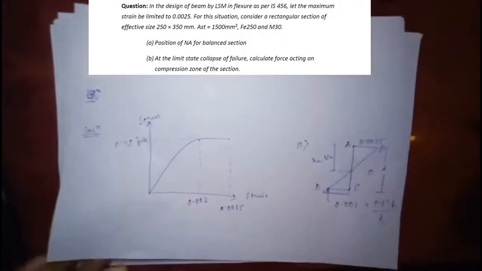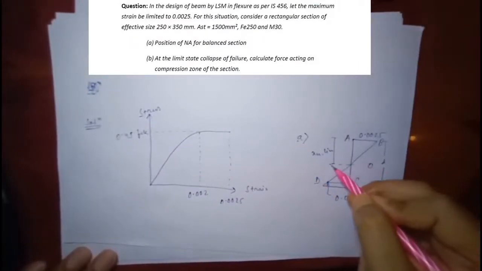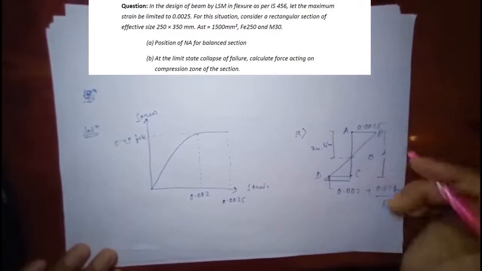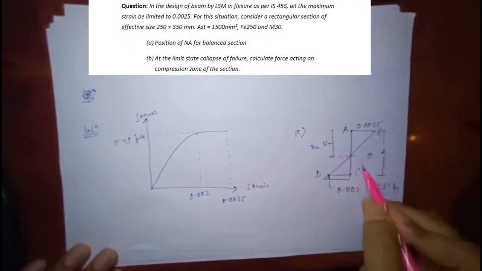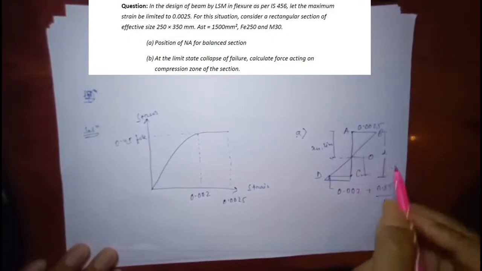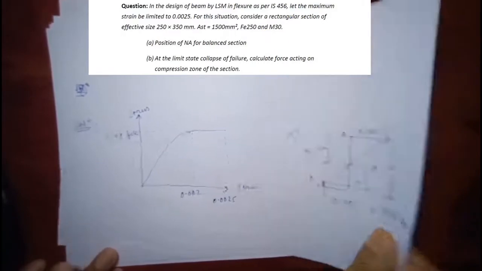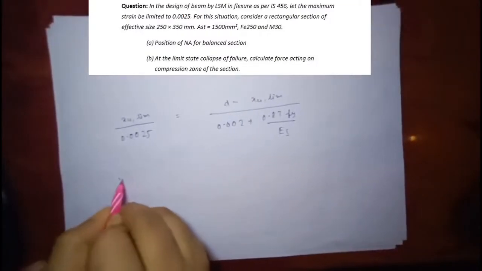Here the total is d and this is my xu limit, so d minus xu limit will give me this part. So it is d minus xu limit divided by 0.002 plus 0.87 fy upon Es, because these are two similar triangles and I can write it like this.